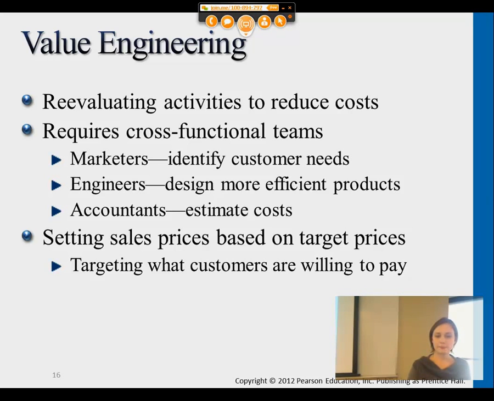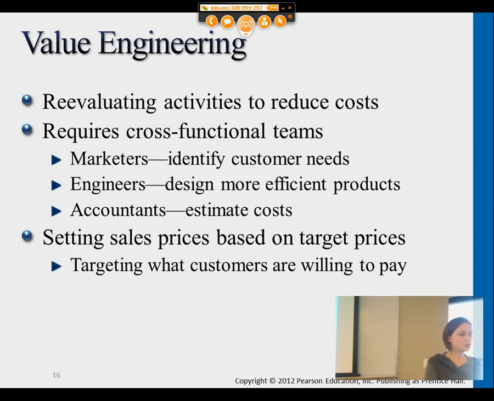Okay. So one of the examples is when you are setting your sale price based on target prices. For an American automaker versus a Japanese automaker, numbers are very different.